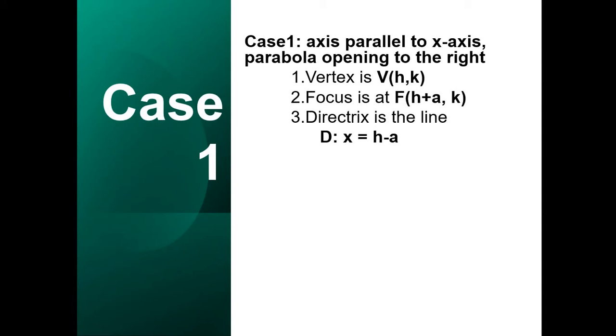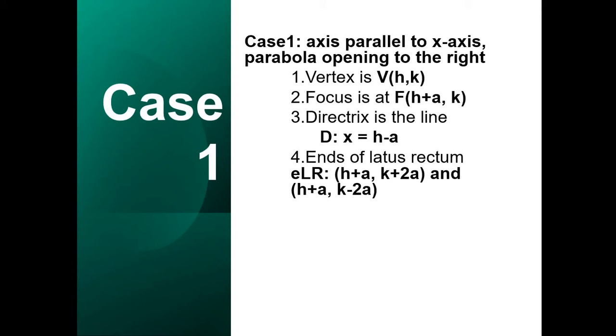And the directrix is the line x equals h minus a. The ends of the latus rectum are two coordinates: (h plus a, k plus 2a) and (h plus a, k minus 2a). And the length of the latus rectum is always 4a, same as the parabola with vertex at the origin.